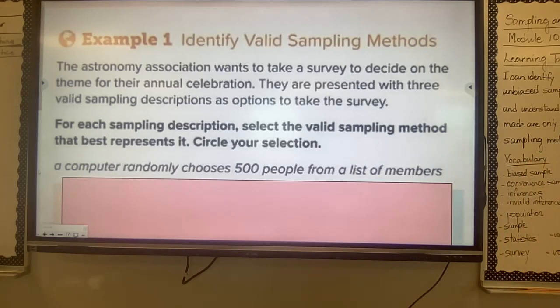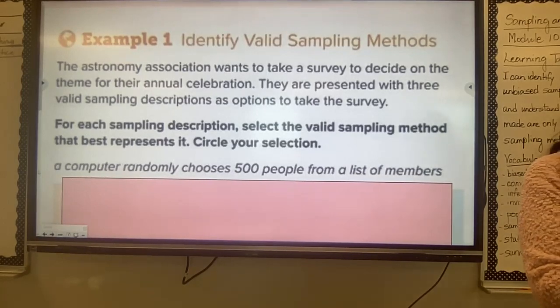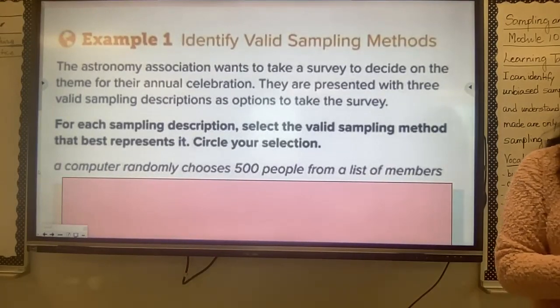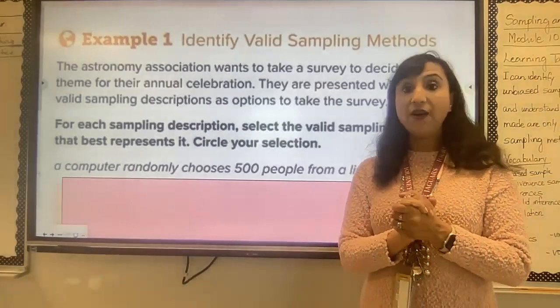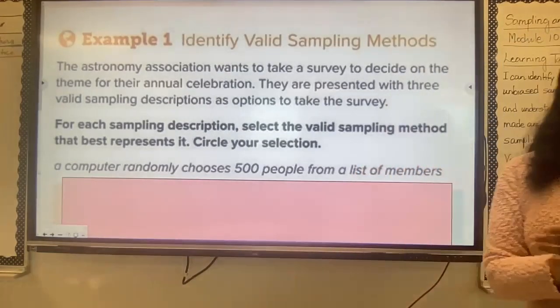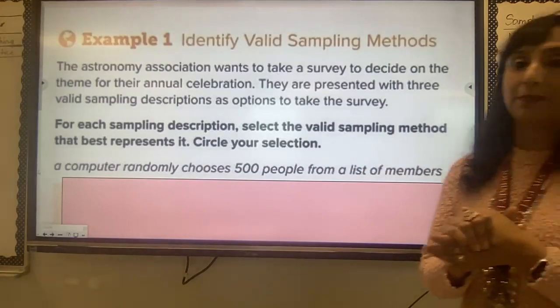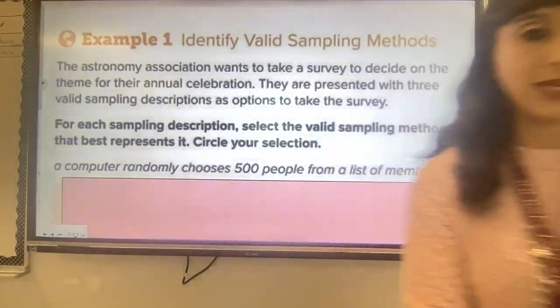We can see that here, each item or person in the population is as likely to be chosen, because it says it randomly chooses 500 people from a list of members. So this one is definitely a simple random sample.